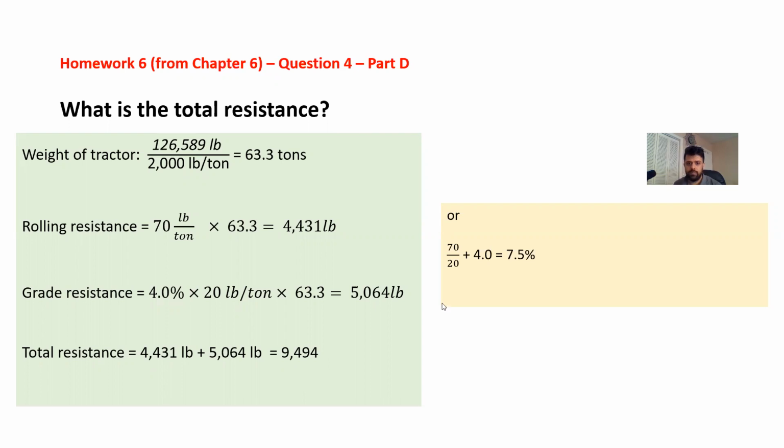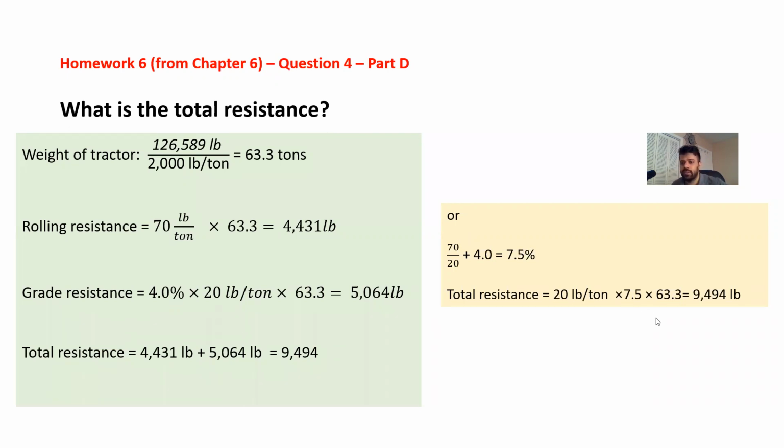or the other thing you could do is the equivalent grade. For that, you would do 70 divided by 20 to convert the rolling resistance into the equivalent gradient. And then the grade was 4%. So the summation of them would be 7.5%, and it is still less than 10%.